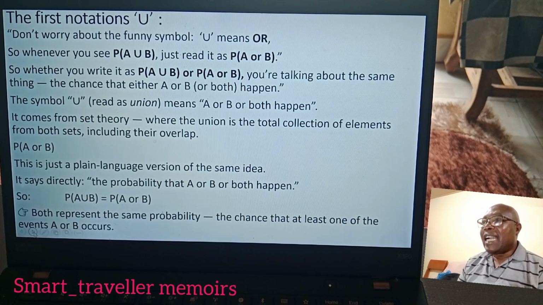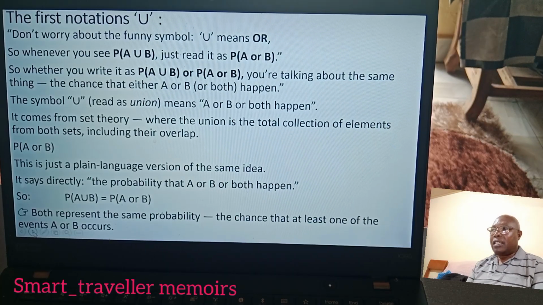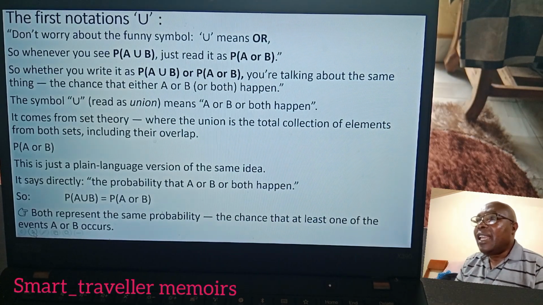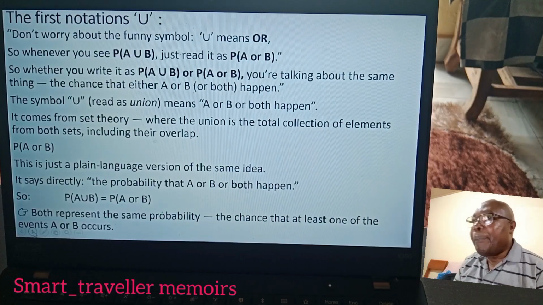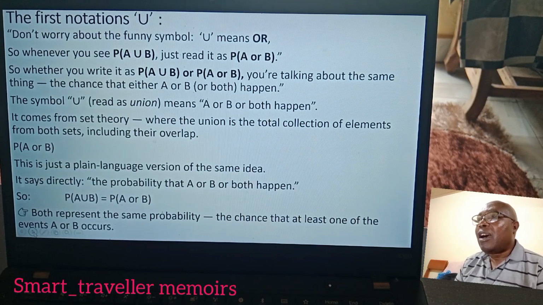Whether you write it as P(A union B) or P(A or B), you are talking about the same thing: the chance that either A or B or both happen. It comes from set theory, where union is the total collection of elements from both sets, including their overlap.